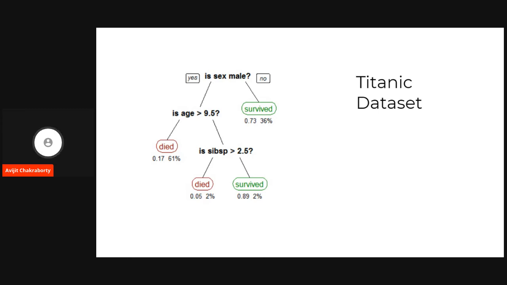Okay. So if we take another problem statement, the Titanic dataset problem, it's very popular, I guess, right? In this particular Titanic dataset, we want to say whether a particular passenger will survive or not.